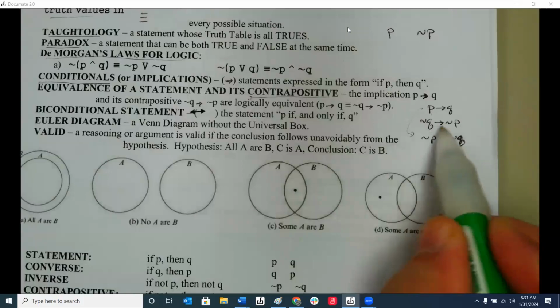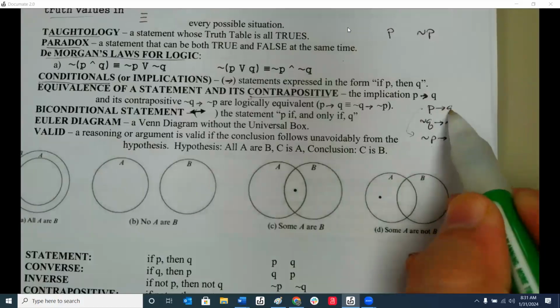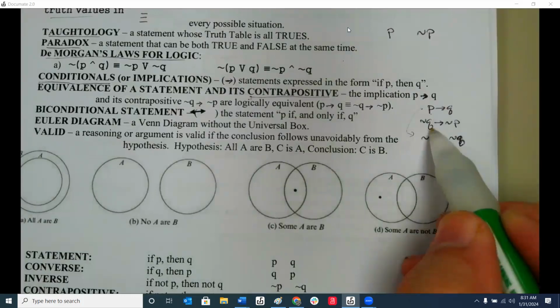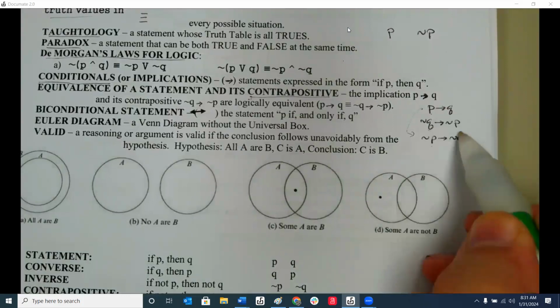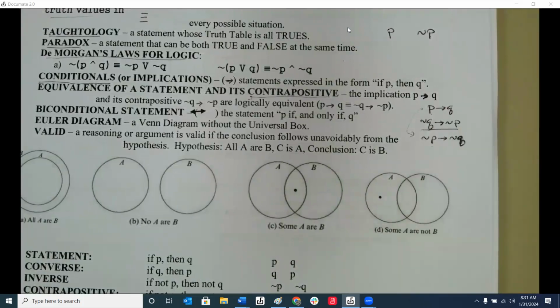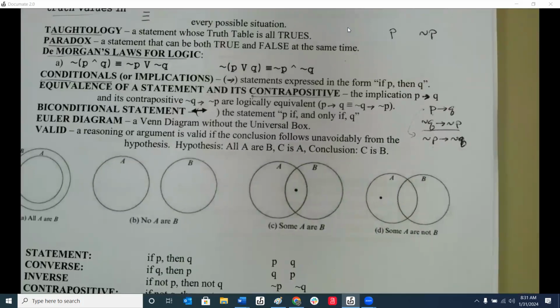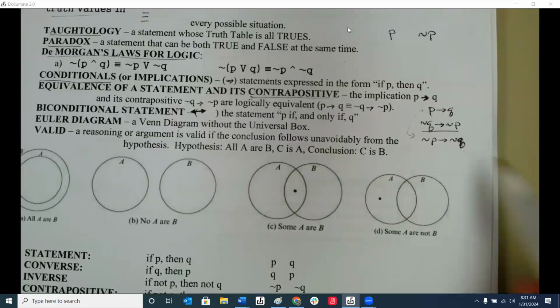Because this one tells you if P then Q. The only way you get Q is if you get P, right? So if you don't have Q, that means you automatically don't have P. That's why this one is a truism, a true statement. But this one's not necessarily true. Are there other ways to get Q? Yeah. This is just one statement on how you can get Q.